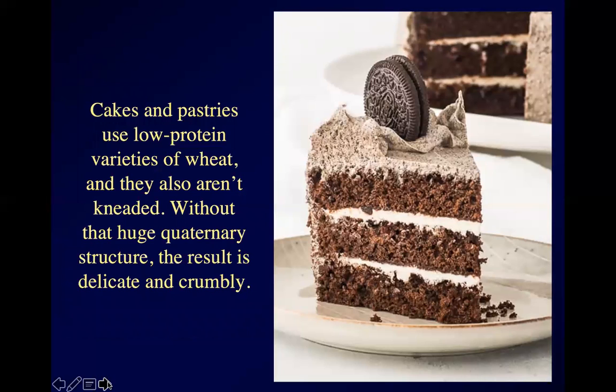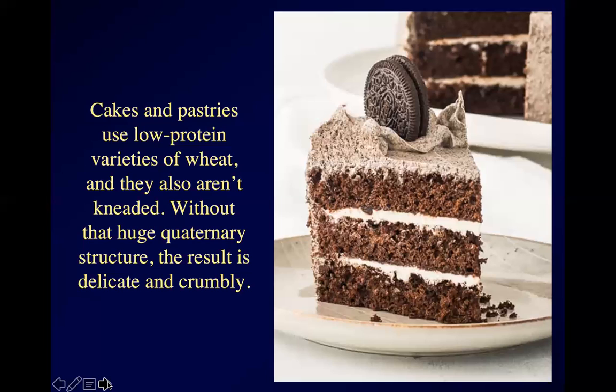The flip side is that if you take a variety of wheat that has been selectively bred by artificial selection to not have as much protein, that is not going to form that kind of stretchy network in the dough. And in fact, we don't even really talk about dough. This is the type of flour that's used for cakes and pastries, right?